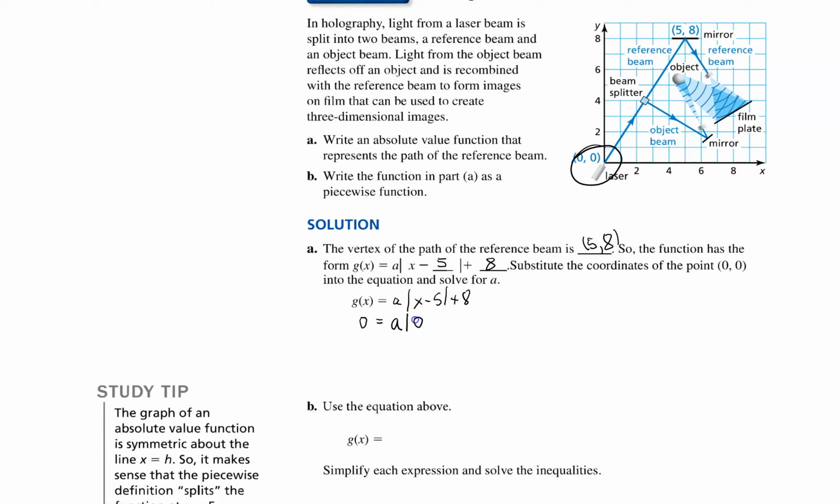X is 0, so 0 is equal to a times the absolute value of 0 minus 5 plus 8. 0 minus 5 would just be negative 5, and the absolute value of negative 5 is 5, so 0 is equal to 5a plus 8.